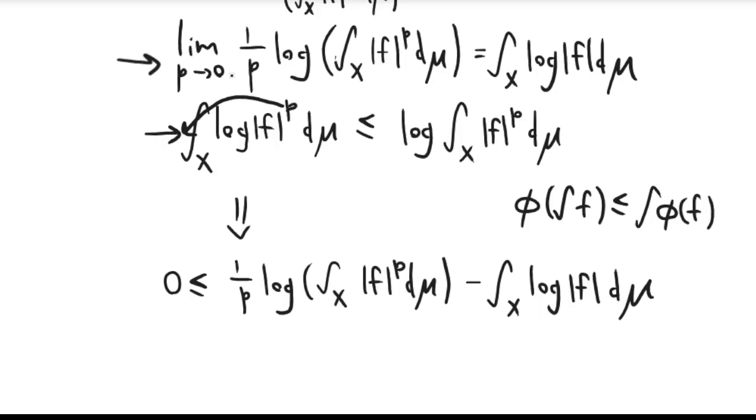So again, remember, we're trying to show that this limit up here is true. And we've just shown that this expression here is always non-negative, so it would be enough to show that this expression converges to 0. And because it's non-negative, we can do that using the squeeze theorem. So we want to bound this above by something.